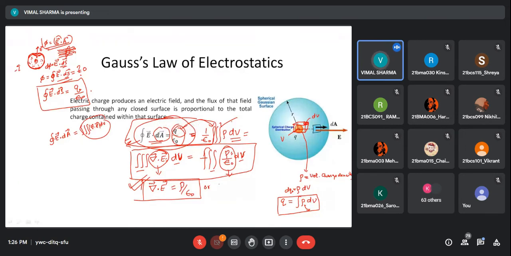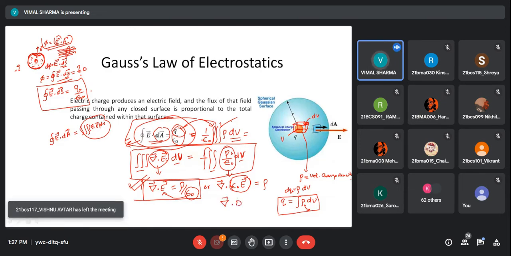Or I can also write this as divergence of, let me cross multiply this epsilon naught to this side, divergence of epsilon naught E equals rho, and this is a new vector which is called the electric displacement vector. We'll talk about this later.